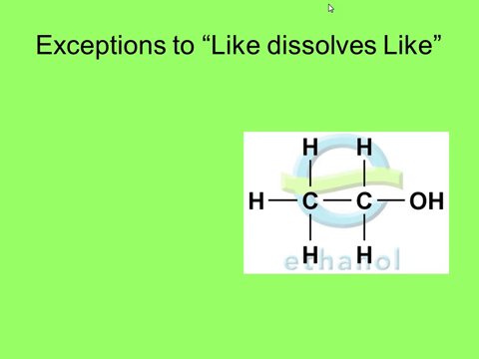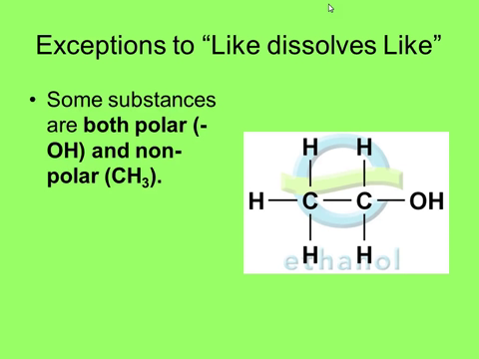You look at this molecule here on the right. This is a molecule of ethanol. Okay, it has some carbons in it. It has some hydrogens attached to those carbons. It has an oxygen and a hydrogen at the right-hand side. So, some substances are both polar, like this OH, and non-polar, like the end of the molecule that has CH3.